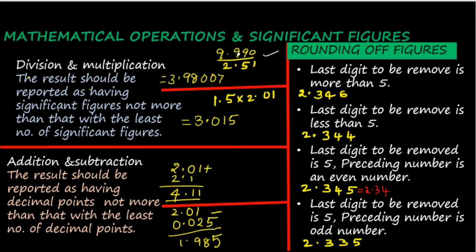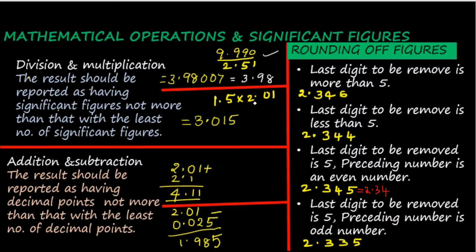9.990 divided by 2.51. Here the figure with the least number of significant figures is 2.51. When this is simplified, the answer that we get is 3.98007. But when we report the answer, it should have only 3 significant figures. So it will be equal to 3.98.